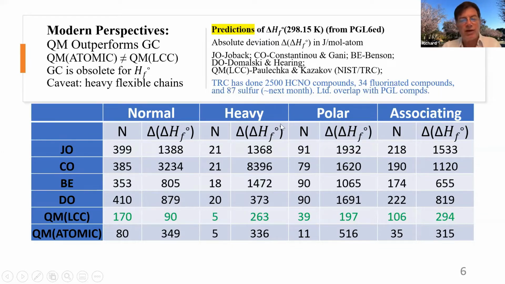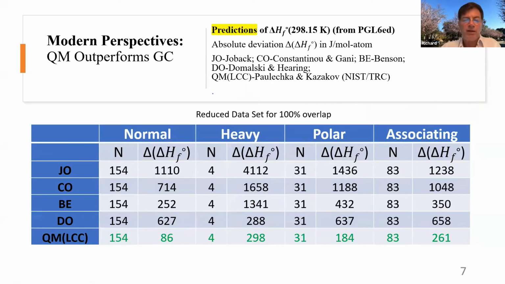Those will be published next month. They are not included in this analysis. Those data sets came out too late for us to include. But what they've shown is very similar kind of a trend.